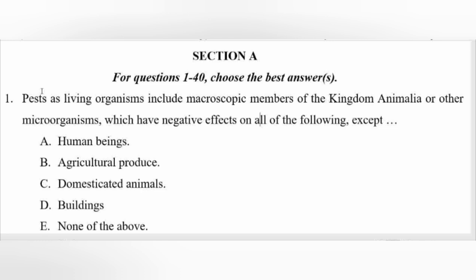Let's begin. The first question is pests. Pests as living organisms include macroscopic members of the kingdom Animalia or other microorganisms which have negative effect on all of the following except. So pests as living organisms include, check out macroscopic, organisms or animals that we can see with unaided eye.